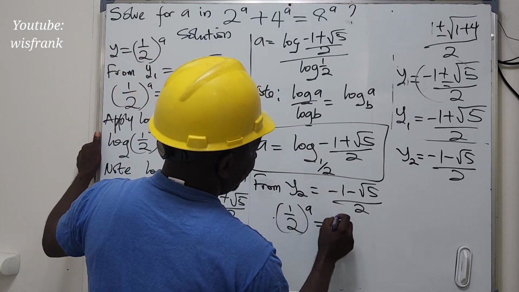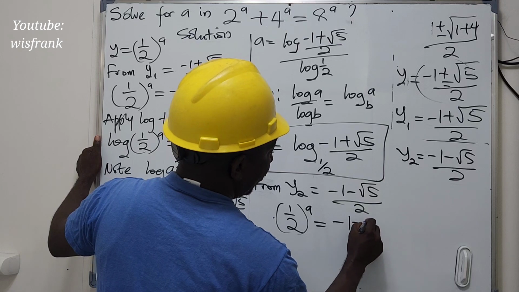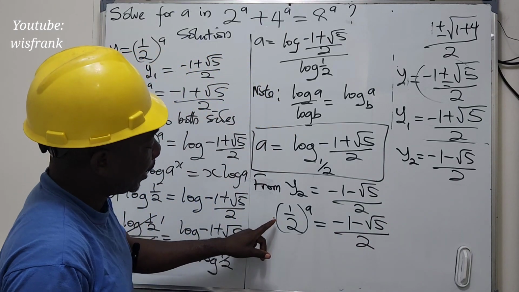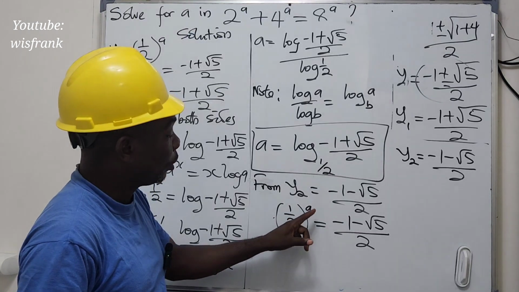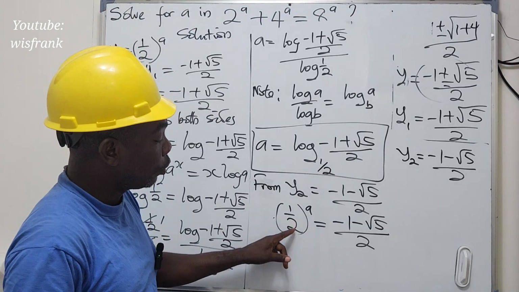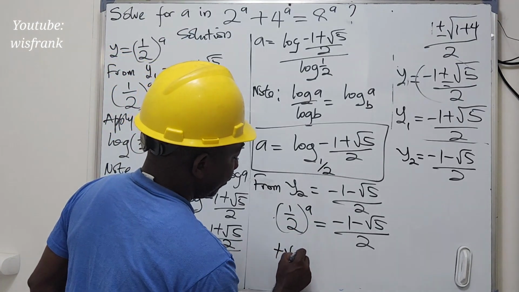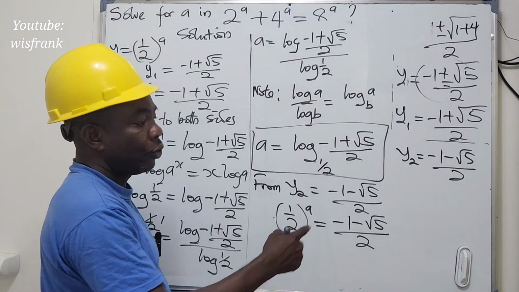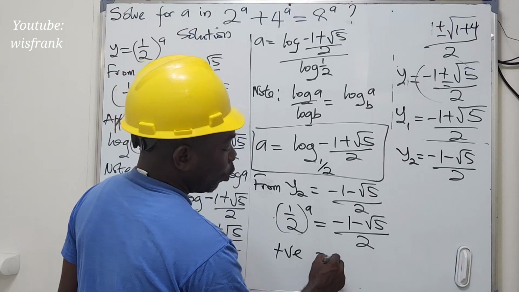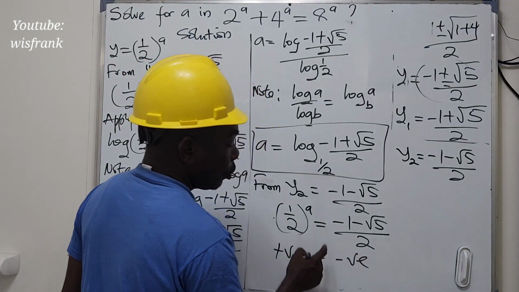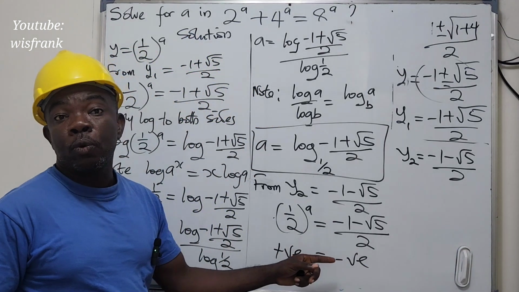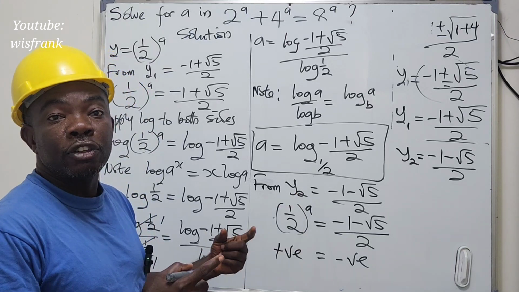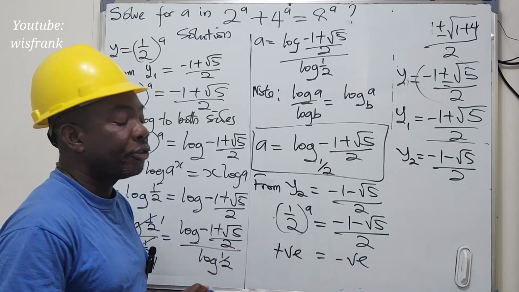We have (1/2)^a equal to (minus 1 minus root 5) all over 2. Here (1/2)^a is going to be positive, and on the other side we have minus 1 minus root 5, which is negative. A positive cannot be equal to a negative. Therefore, the solution of y2 does not give a real number, so it is rejected.